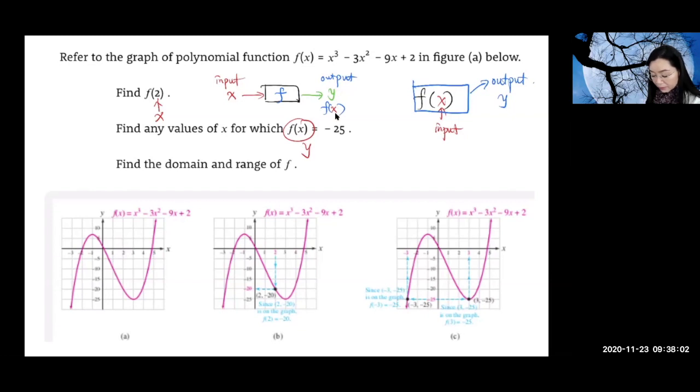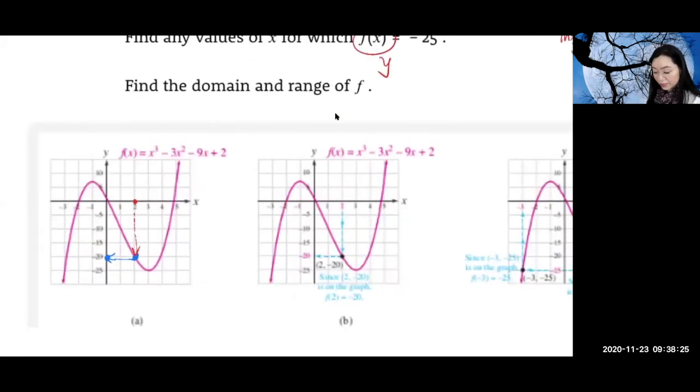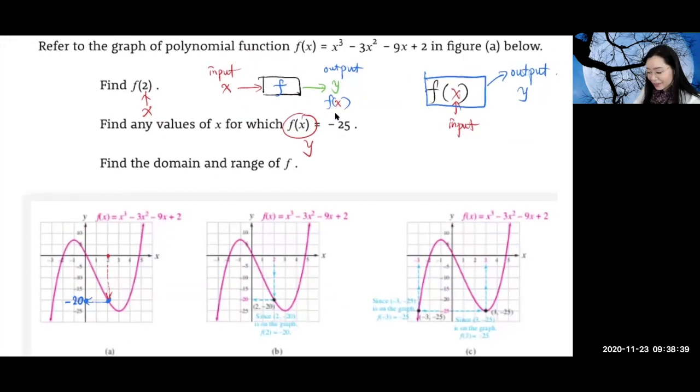Now we go to the side and we look at the corresponding y value. Looks like it's this one right here. It is negative 20, right? So f of 2 here is negative 20, okay?